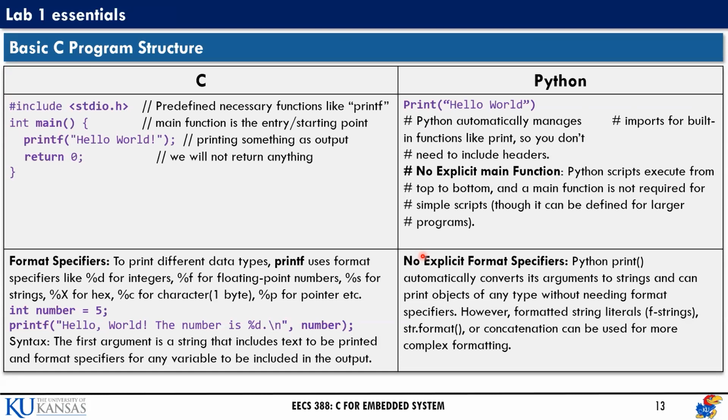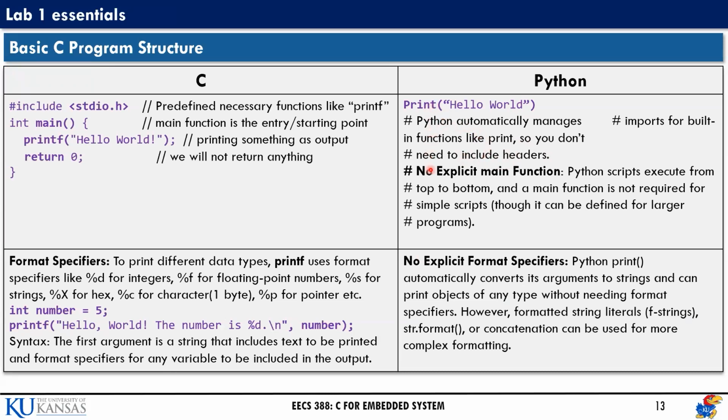For example, if we want to print hello world in Python, we know it is very straightforward. We just write a single line, print hello world. Python has built-in functions that automatically print this hello world string, and we don't need to explicitly mention which library file the interpreter is going to use for this print function, right?